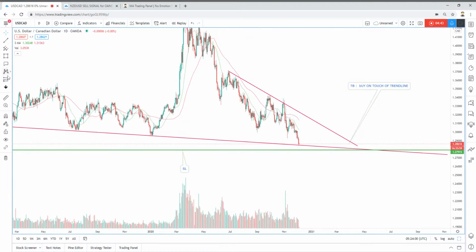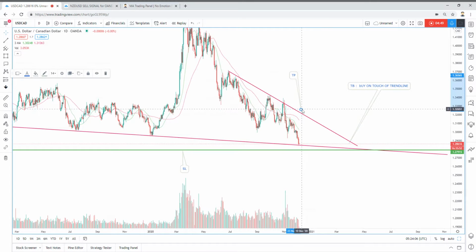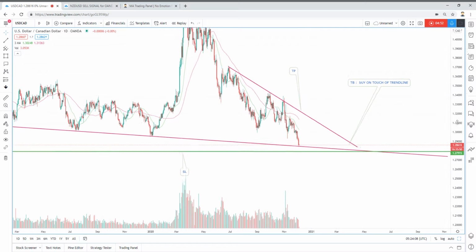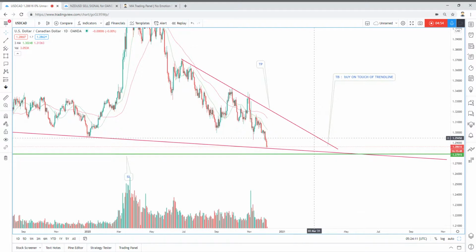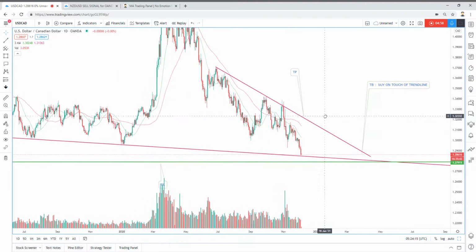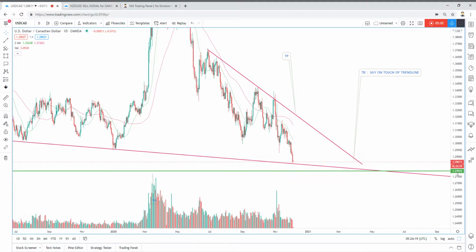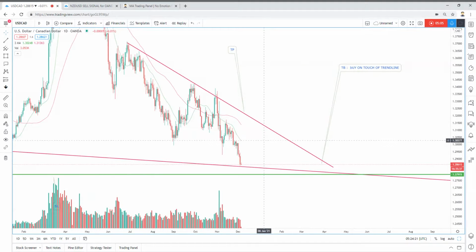Again, let me write it down for auto traders. This is my final TP, this trend line. And if you are trading manually also, you can draw these trend lines on charts, and you can take trades accordingly. So these will be the levels.